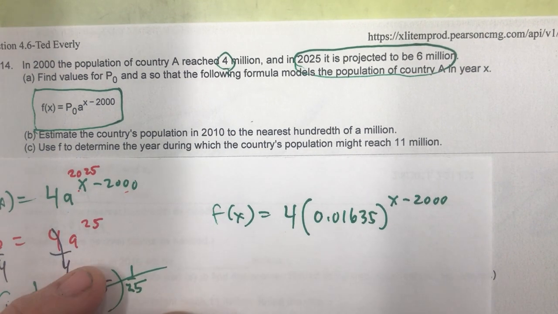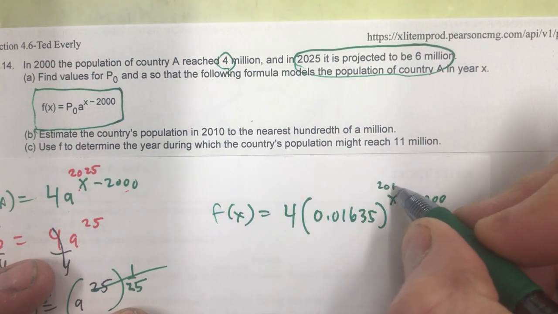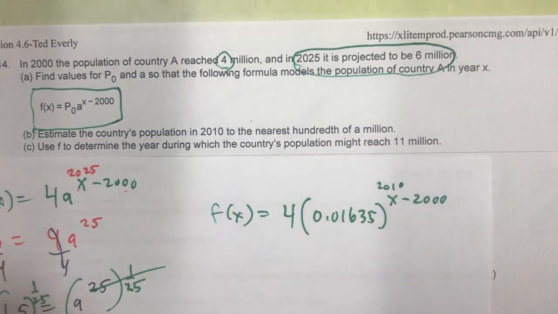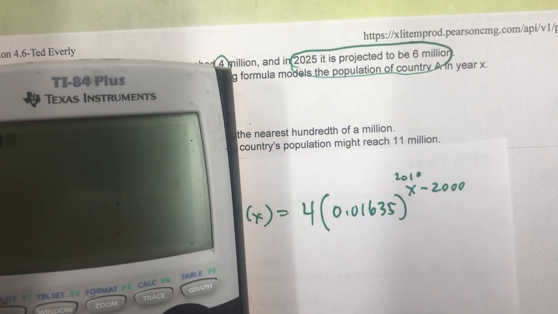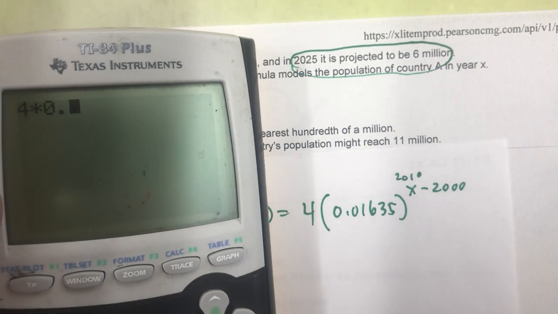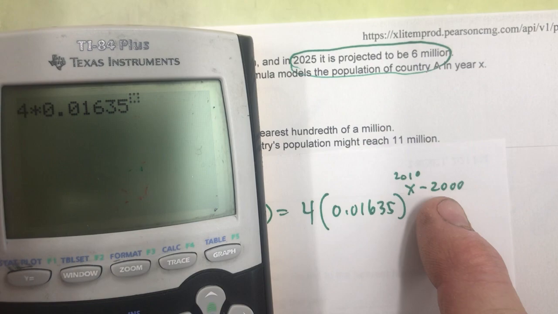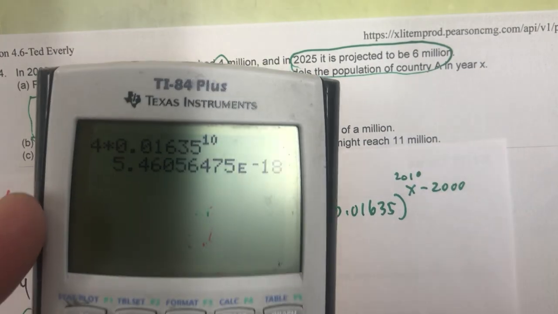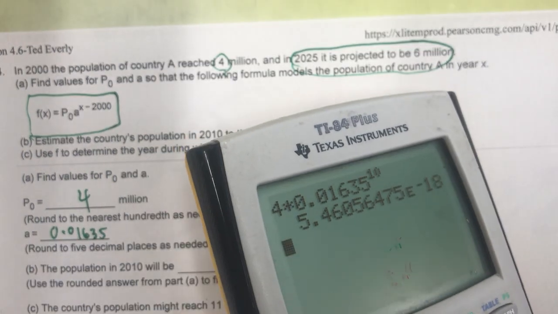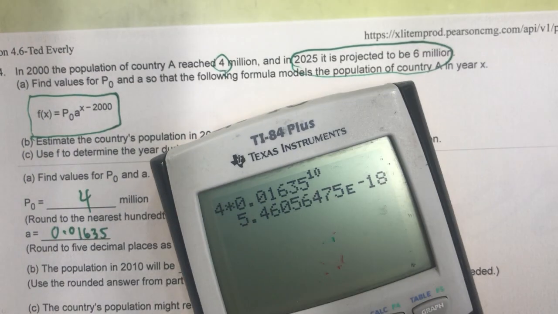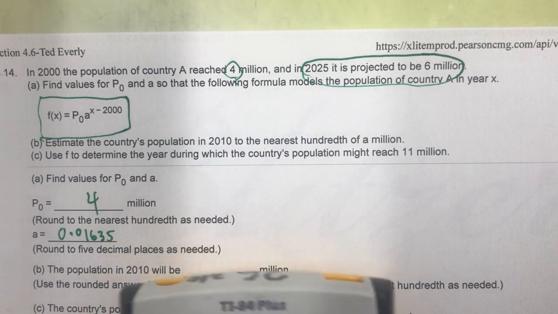All right, so estimate the population in 2010. If I put 2010 right here, I can just punch that in. 4 times 0.01635 to the 2010 minus 2000 is 10, that'd be 10 power. Okay, something doesn't look right there.